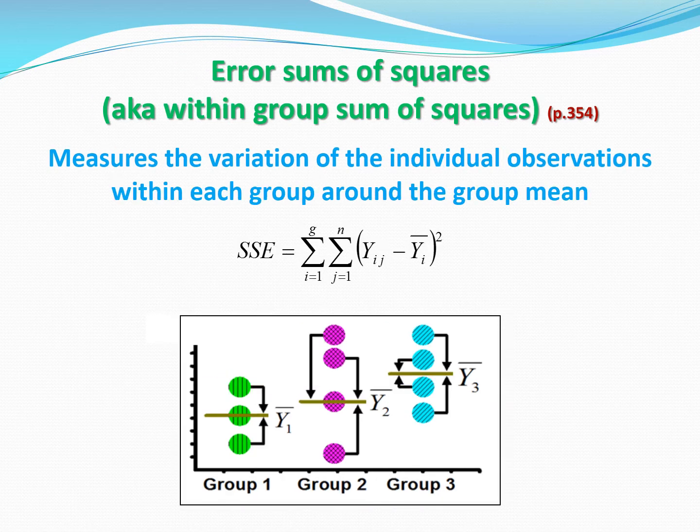Then the last measure of variation is the error sum of squares, and this is also known as the within group sum of squares. And like I indicated previously, it measures the variation of the individual observations within each group around the mean. So visually, it looks at the differences between the individual values within each group and the mean for that group. Also, for the second group, the individual data observations and the group mean.